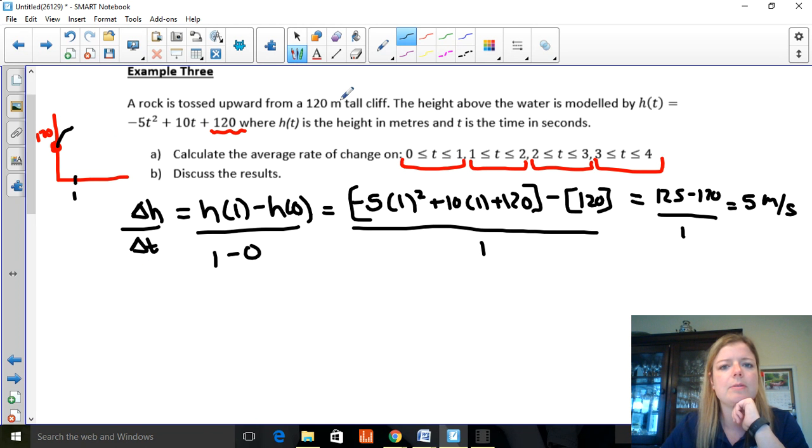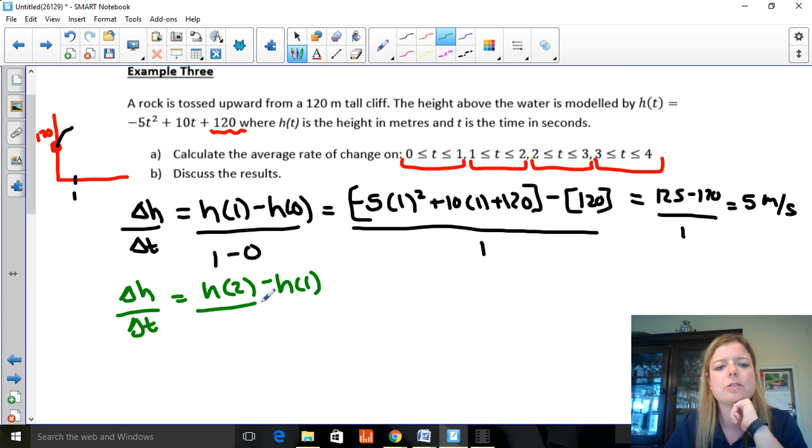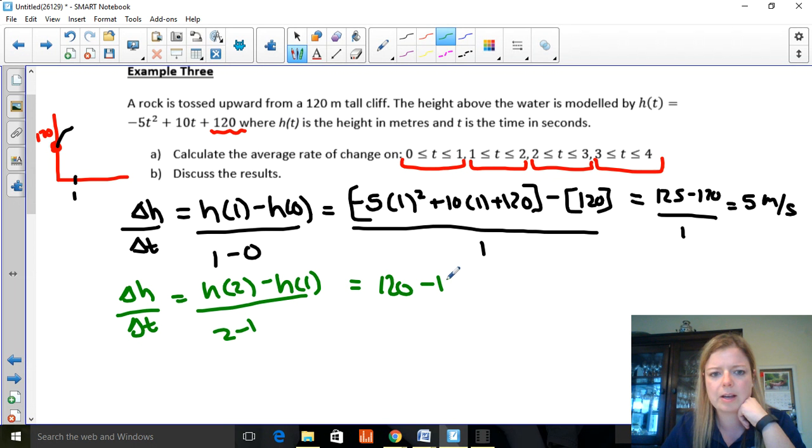Okay, so now let's do the second one here, between 1 and 2. So delta H over delta T is equal to H at 2 minus H at 1, divided by 2 minus 1. If you put 2 into the equation, you get 120 minus 125 over 1.